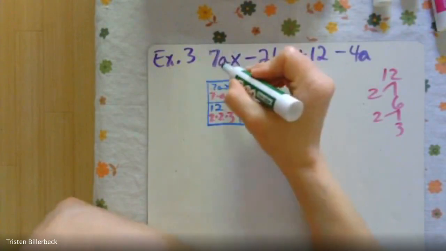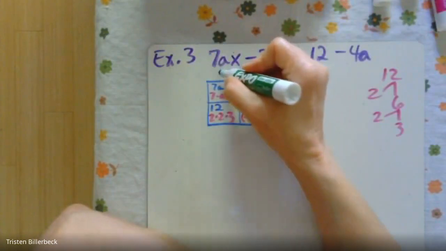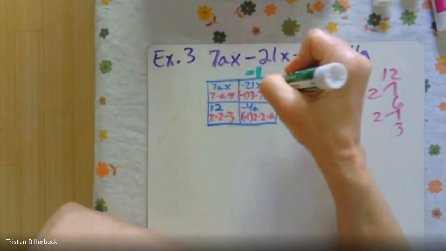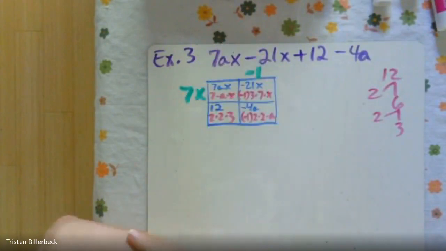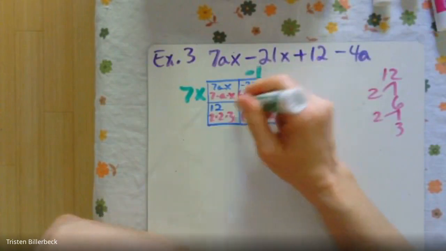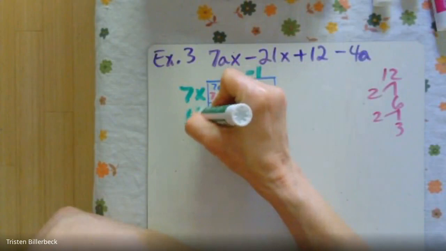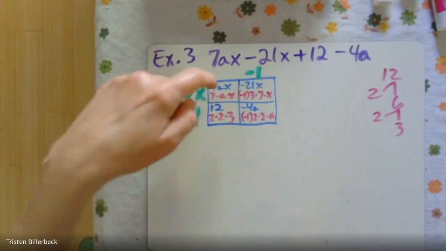If they have nothing in common, that's also a 1, which doesn't make any sense. So we need to really look at our strategy here. But let's continue. So this one would be 7x. And this one down here is 2 times 2. So that's 4.